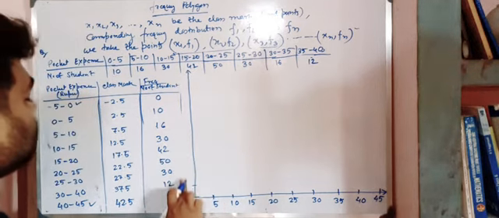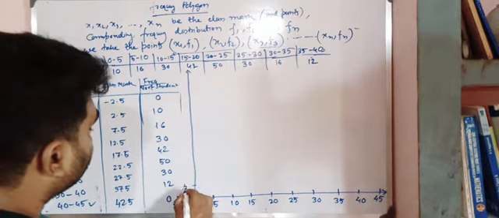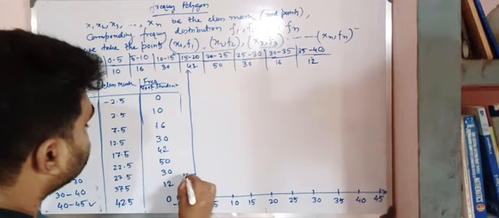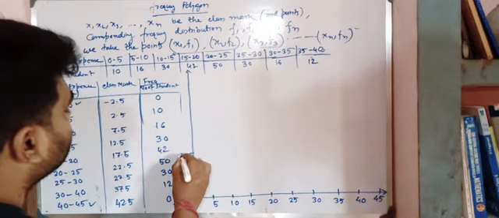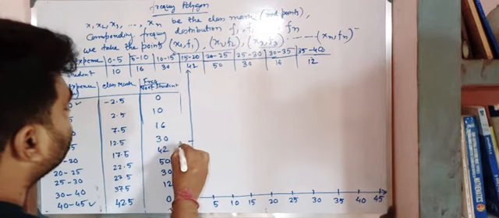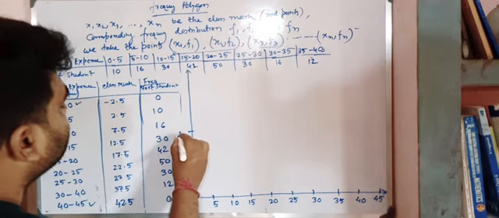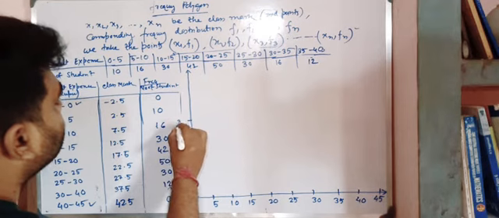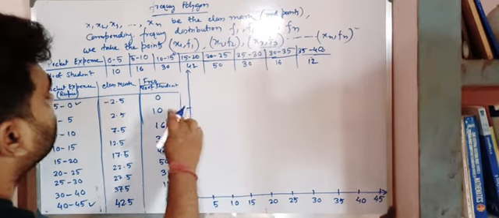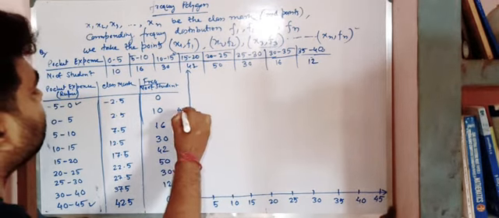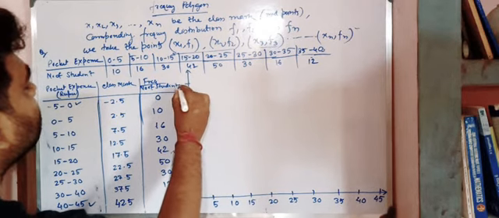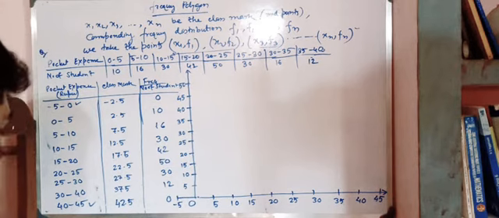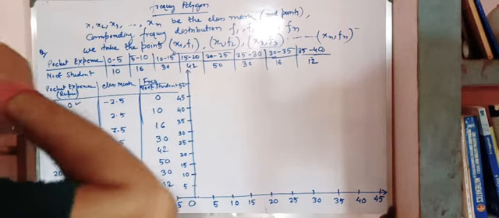I am just giving a rough idea. 5, this is 10, this is 15, this is 20, this is 25, 30, 35, 40, 45, 50. Okay, that's it. Out of 50 we are taking.